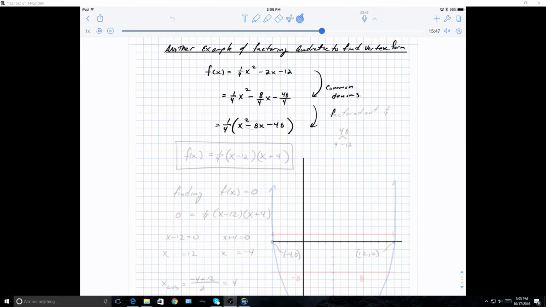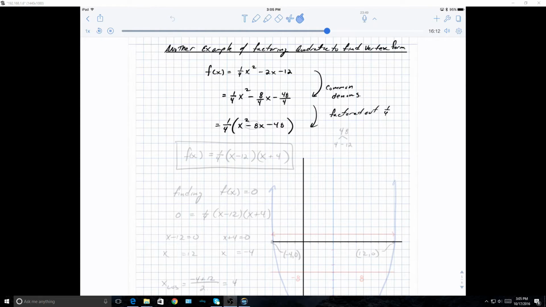So from here to here I just factored out 1/4. Okay. So all we have to do now is find the factors of 48 that might combine to 8. And if we can't, then it won't be factorable. But if it is, then it is factorable, and we can do some stuff with it.